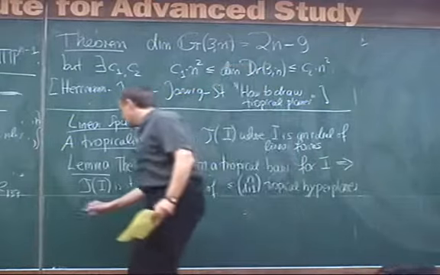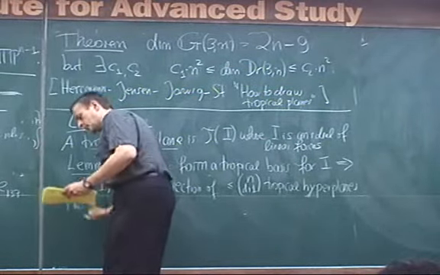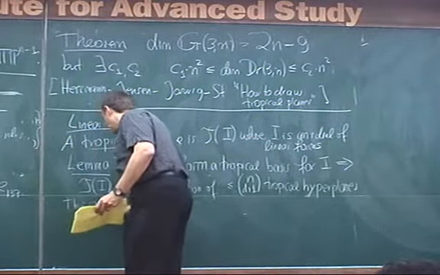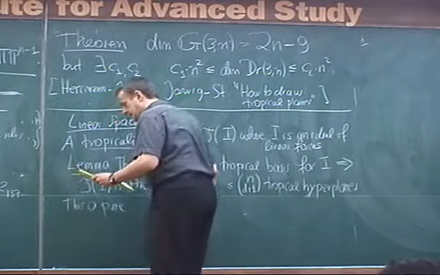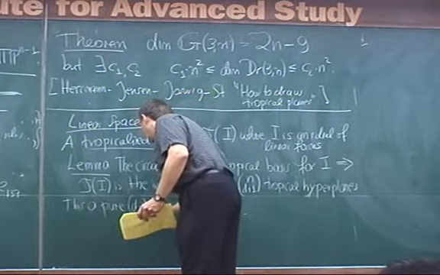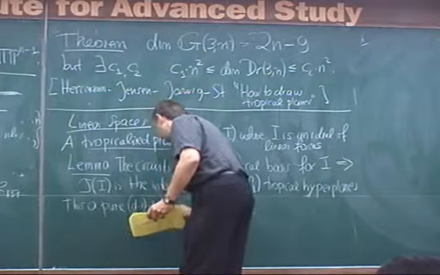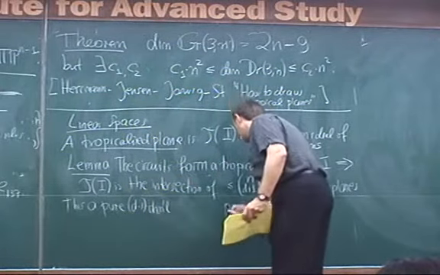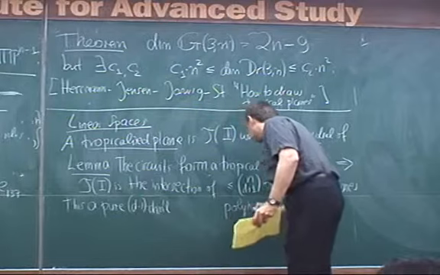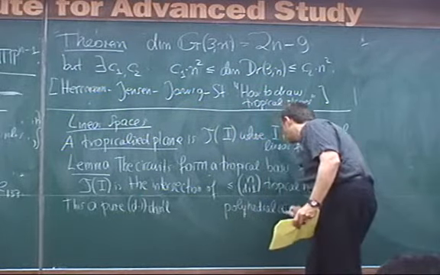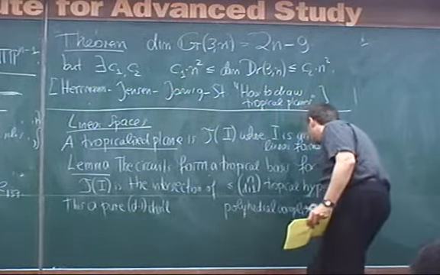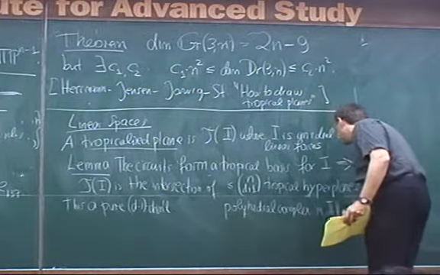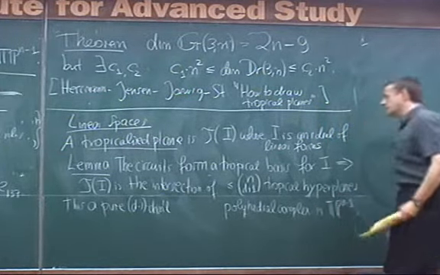Moreover, by the structure theorem, a tropical plane, a higher dimensional tree, is a pure d minus 1 dimensional polyhedral complex in projective space.